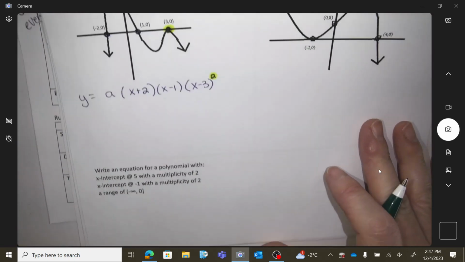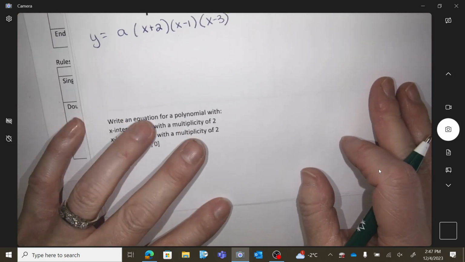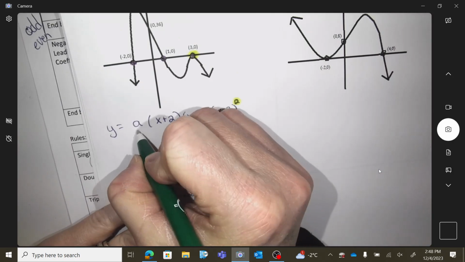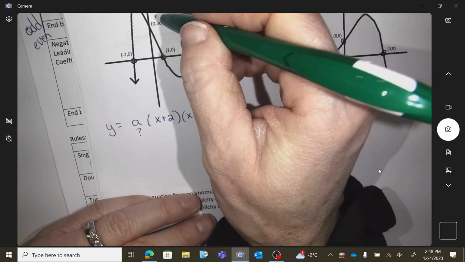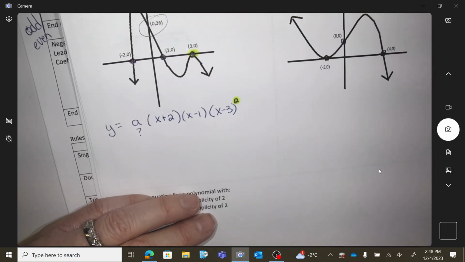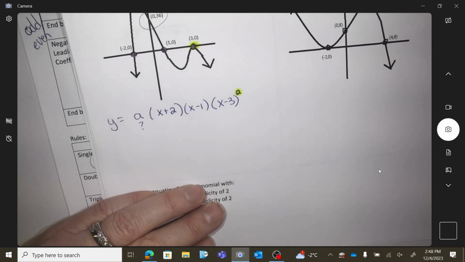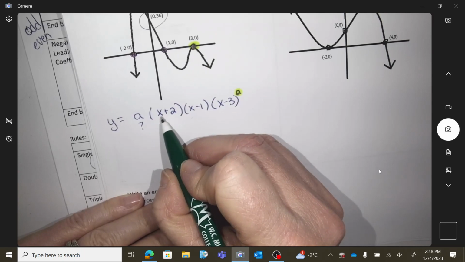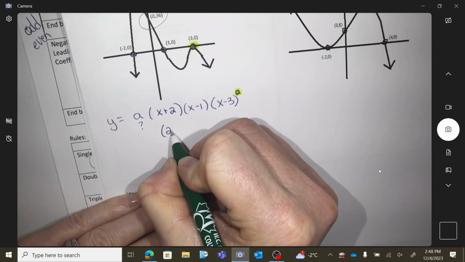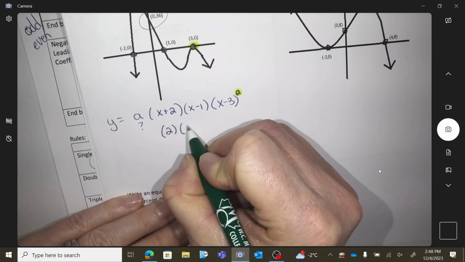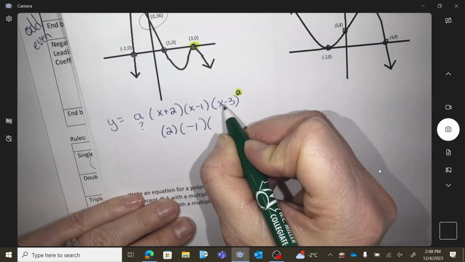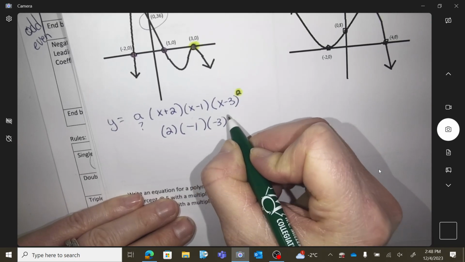Okay. Now, what I need to do is I need to figure out what is going to be in this A position to cause this to make a 36. Okay, so if x is 0, this would just be 2. If x is 0, this is -1. If x is 0, this is -3 squared.